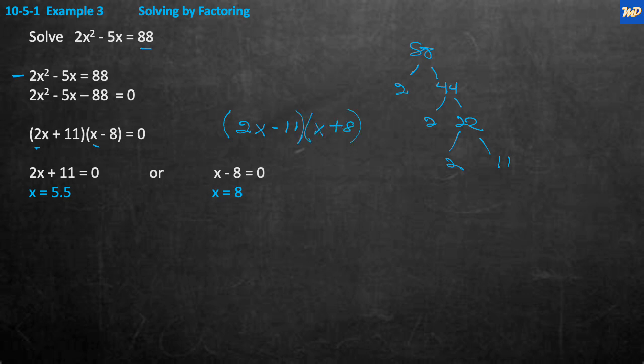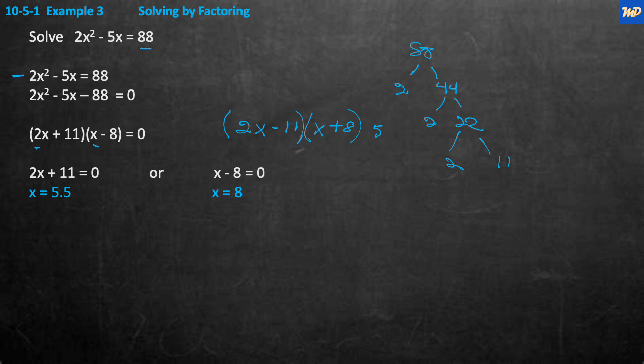When you do the FOIL on that, you're going to get a minus 11 and a plus 16. Minus 11 and a plus 16 gives us a positive 5.